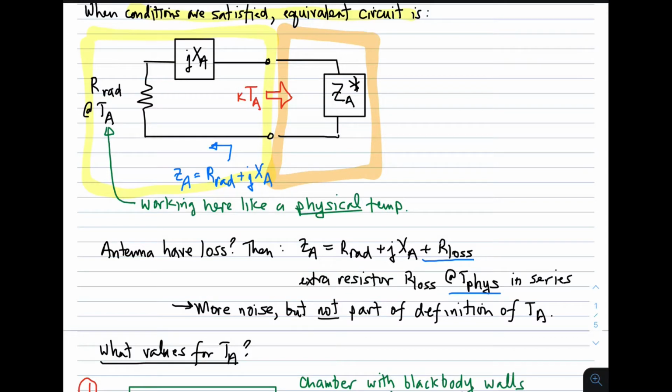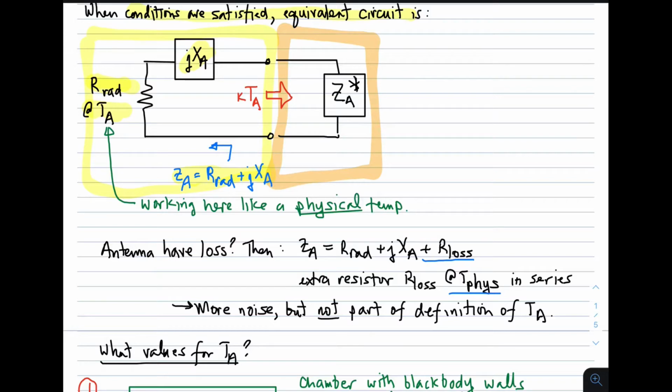Now on the left, we have the radiation resistance of the antenna. Remember, the impedance of an antenna is radiation resistance plus j times the antenna's reactance. So we have the radiation resistance here. We have the reactance here, and then we interpret the antenna temperature as being the physical temperature of a resistor, which has the value equal to the radiation resistance.